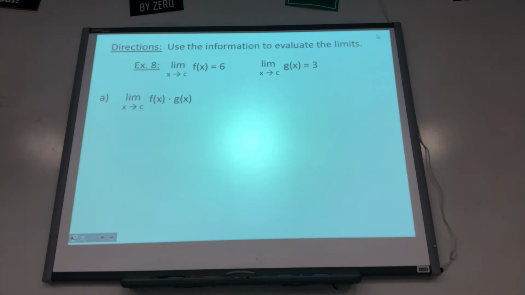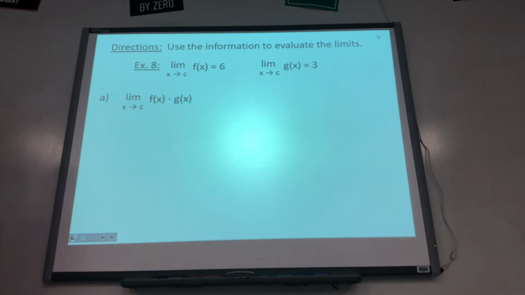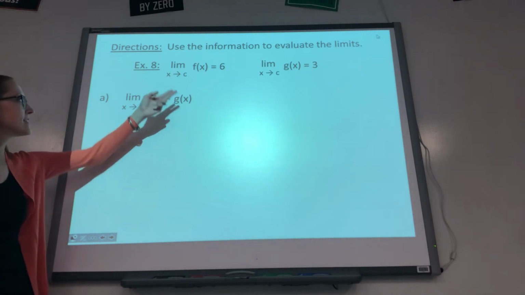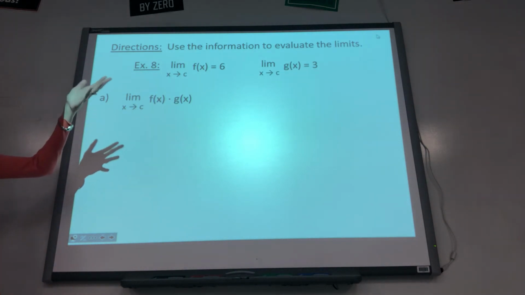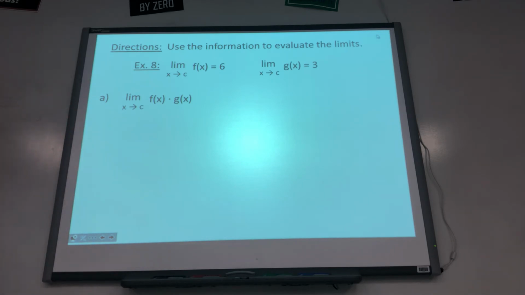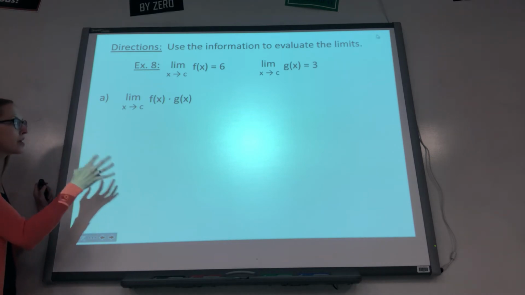Part A says we have to find the limit as x approaches c of f of x times g of x. Well, that's kind of hard to do on this problem because I don't know what f of x is, I don't know what g of x is, I don't even know what c is, but we do know a property about multiplication.